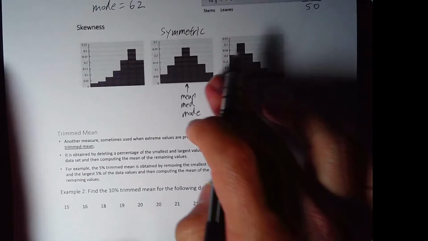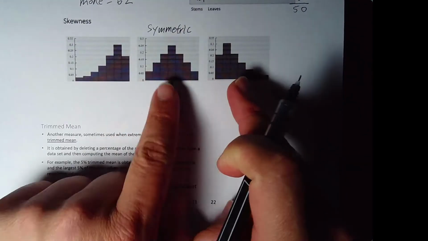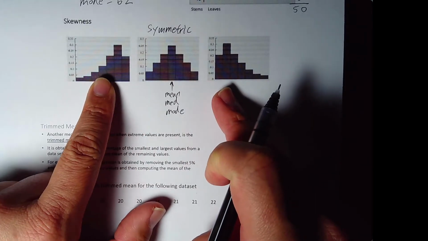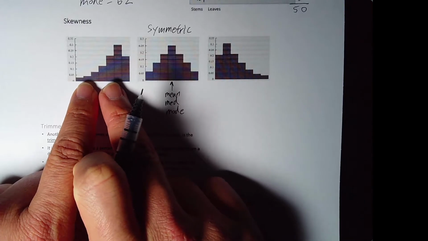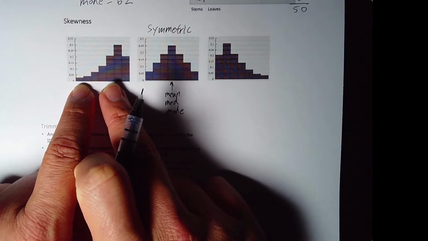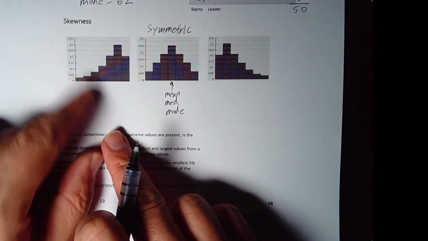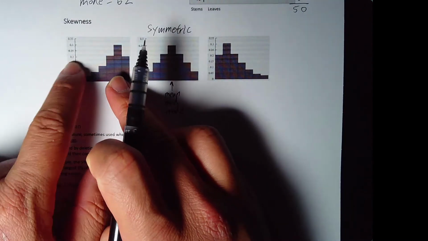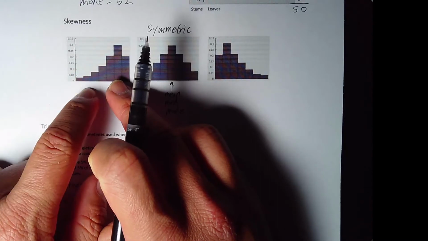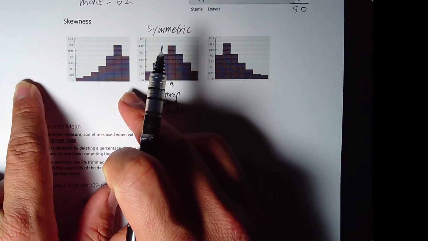Now, let's suppose that we started here, but then the graph turned this way. What is happening? There are extreme values on the left. The best way to see this is if you cover this up, this will be symmetric. However, because there are extreme values on the left here, this graph is being pulled to the left.